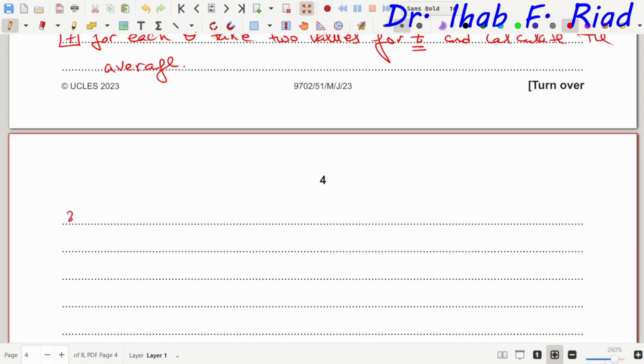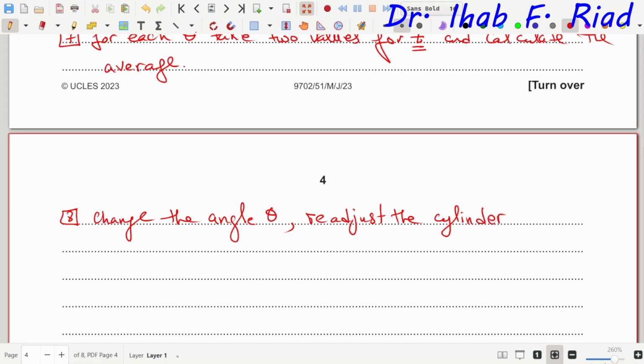Eight. Change the angle theta. Adjust the cylinder so as to be at the fixed height d above the bench.